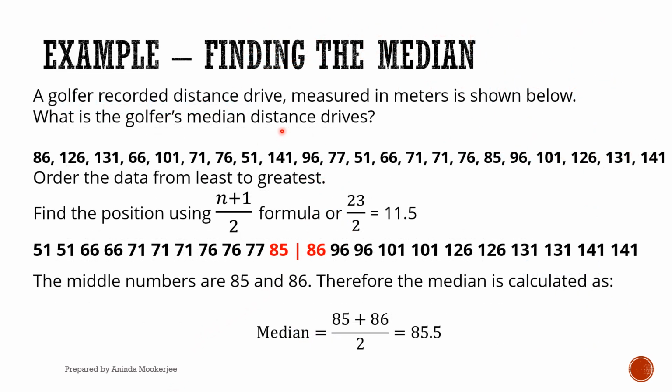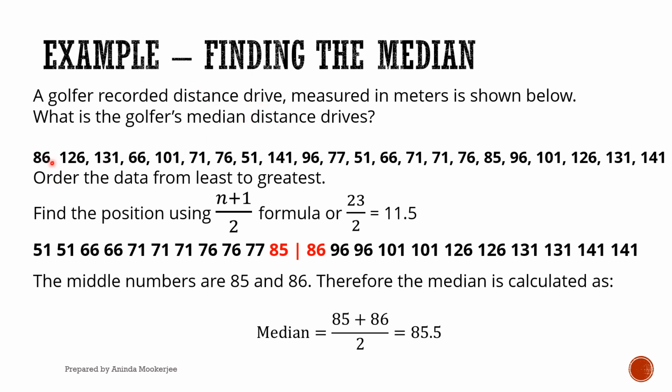Now in this example, to find the median, we have here the data set representing a golfer's distance drive measured in meters. What is the golfer's median distance drive? So we have here a set of 22 values for the distance drives.